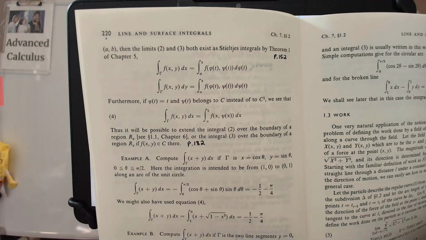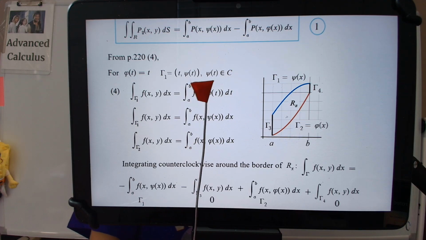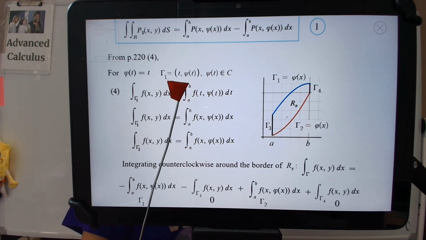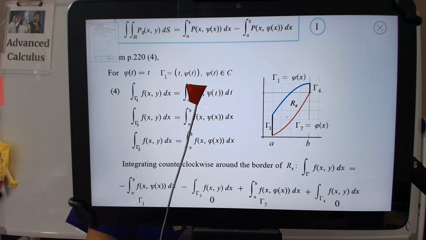Okay, now at this point, it's extremely important to figure out what is the curve that we're integrating over. I marked it very carefully: the curve in this case is gamma 1, which goes from t to psi of t.